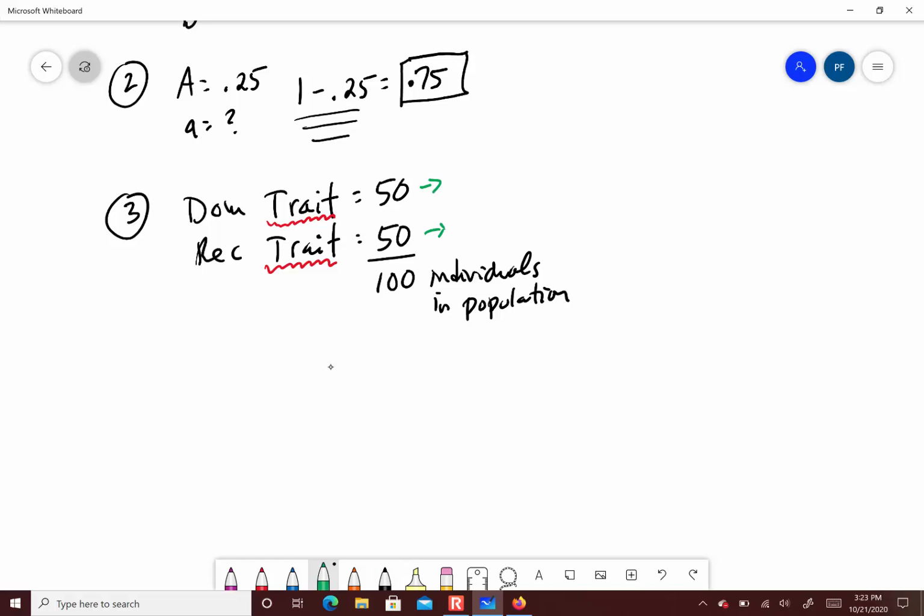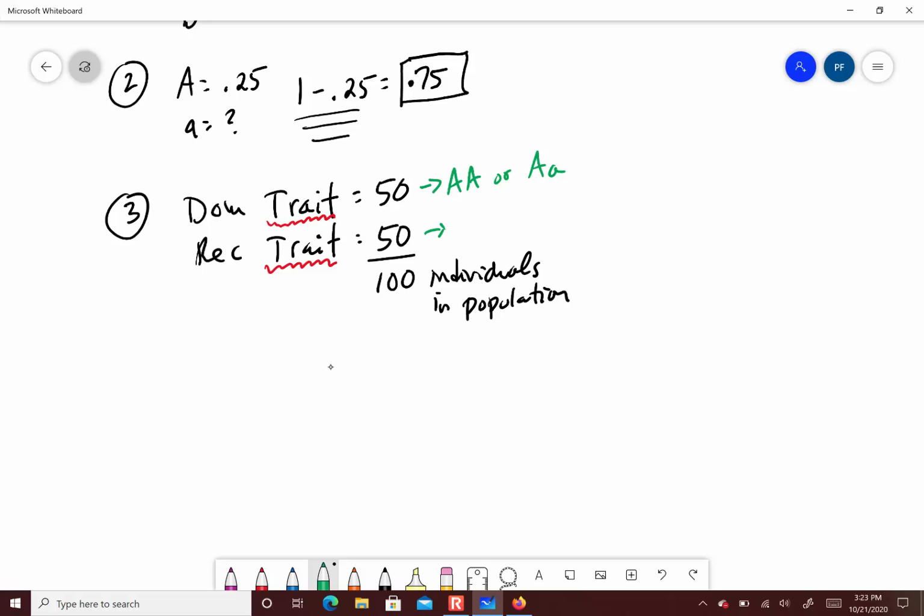And that's because of this. If they have the dominant trait, it can be homozygous dominant or heterozygous. So we can see the dominant trait.